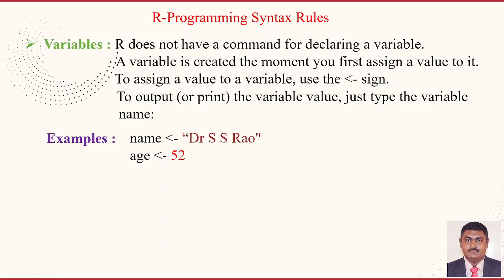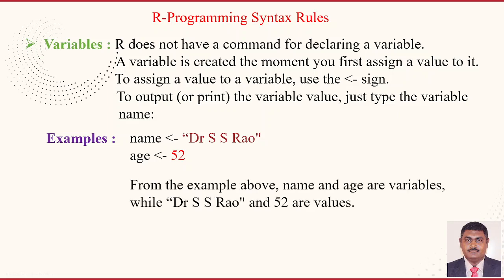Now you can see the examples: name is a variable. Whatever is written here in inverted commas indicates a character, "Dr. S.S. Rao", and age is 52. From this example, name and age are variables, while Dr. S.S. Rao and 52 are values. So whatever values are assigned will be stored in the variable.